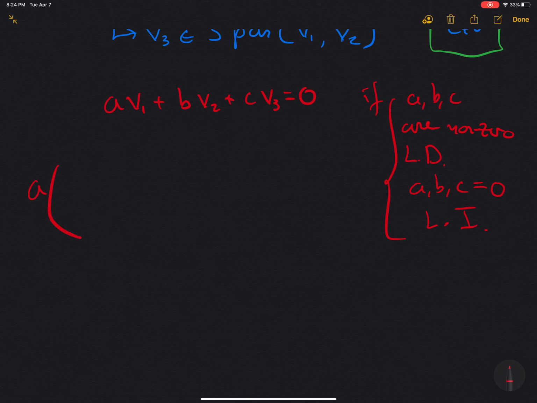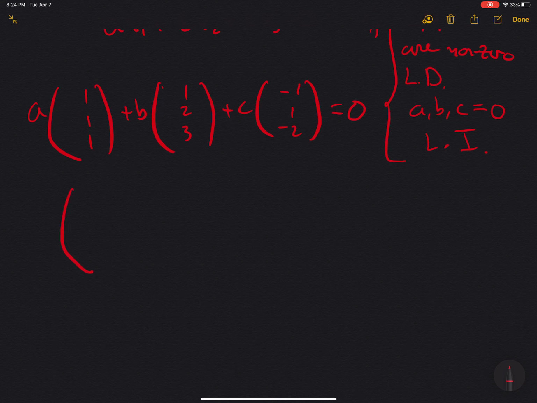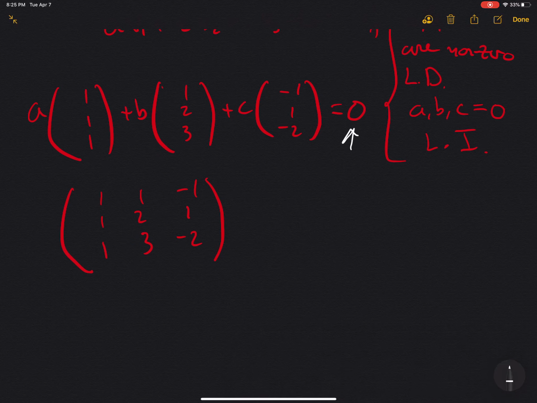Let me write down the vector equation. A(1, 1, 1) plus B(1, 2, 3) plus C(-1, 1, -2) equals 0. And I'm going to write down the matrix related to this system. So this will be the columns (1, 1, 1), (1, 2, 3), (-1, 1, -2). Notice that on purpose, I'm going to leave out the 0 that I have over here.